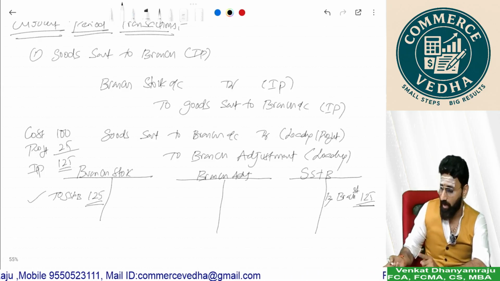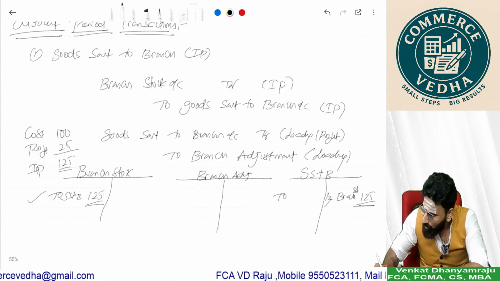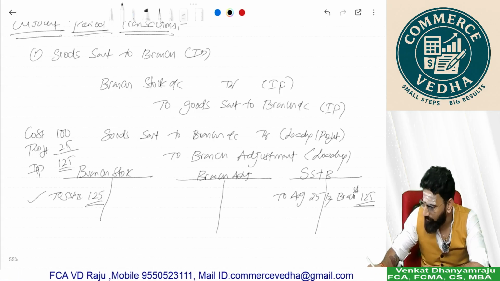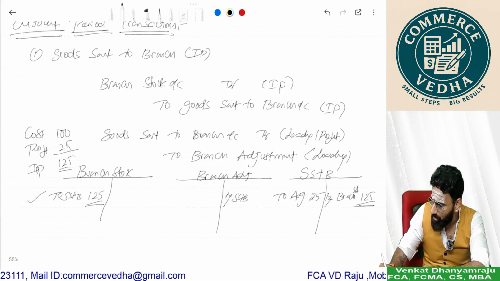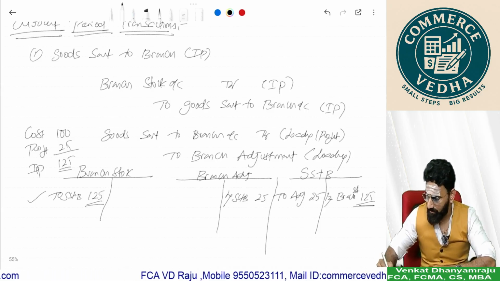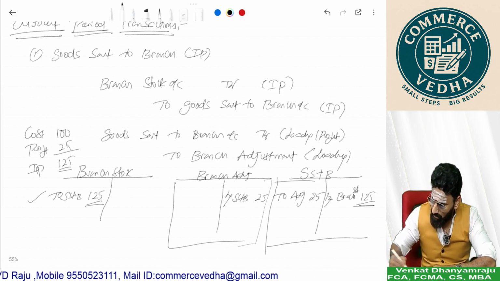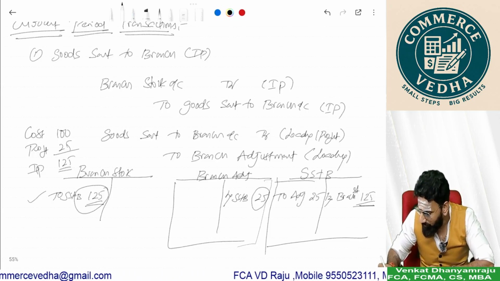Now, I'm reversing the profit here to branch adjustment, which is 25, and I'm writing here by goods sent to branch 25. See the transaction here. It is at 125 and the profit is 25.